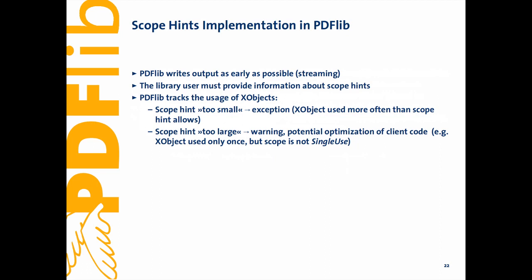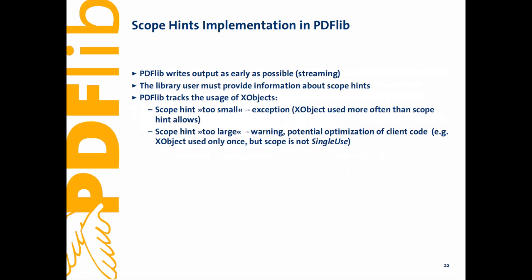PDFlib is designed in such a way that, while you make the API calls, it always writes all the data it can write as early as possible. So there are some implications for what information the library user must provide. Obviously it's then not possible to identify, for example, how often an X object is referenced in the file, because when the X object is written out, you don't know that yet.